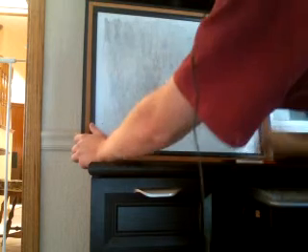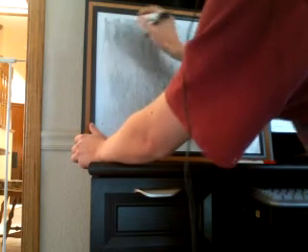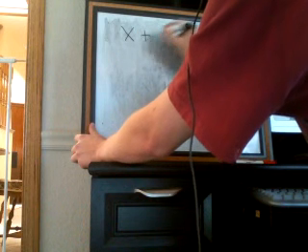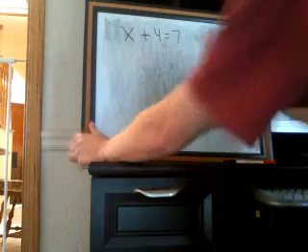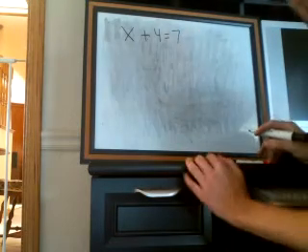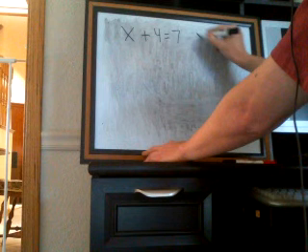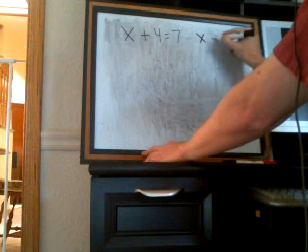I'll write the old problem on the left side. The old problem was x plus 4 is equal to 7. And the new problem is x minus 4 is equal to 7.